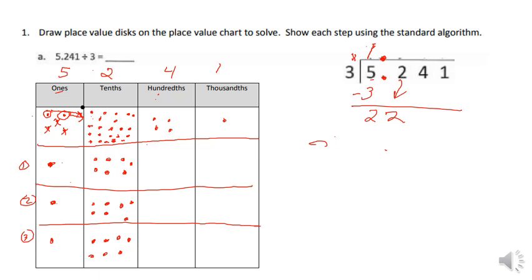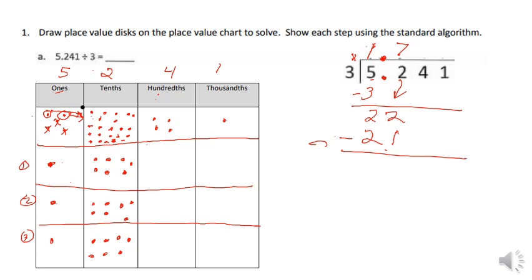The same if we look at the standard algorithm. My question is, how many 3s can I get out of 22 without going over? I know that'd be 7, so I'm going to write that above the tenths place, because 7 times 3 is 21. That's how many of them I used.